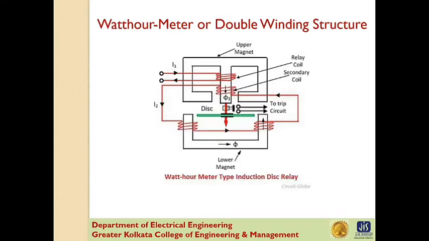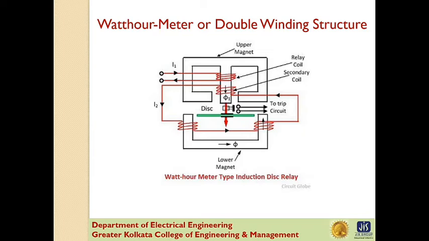Next is the wattmeter or double winding structure. This structure gets its name from the fact that it is used in the watt-hour meter. In this picture, you can see the general arrangement of a wattmeter structure relay.